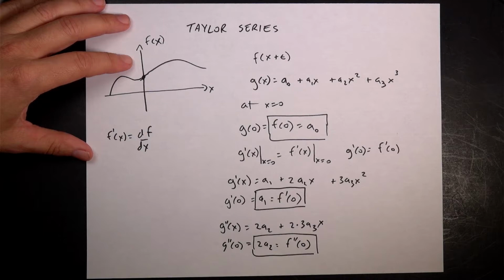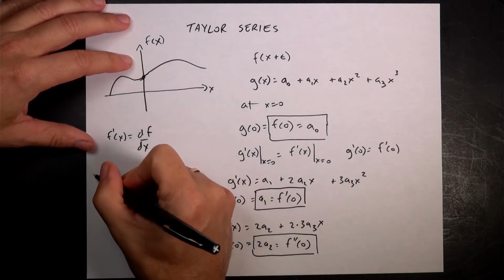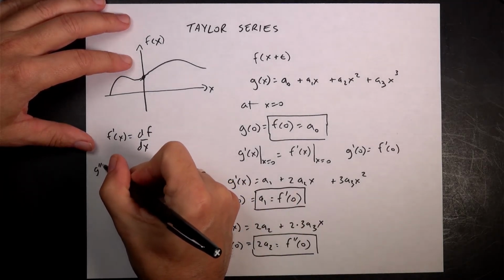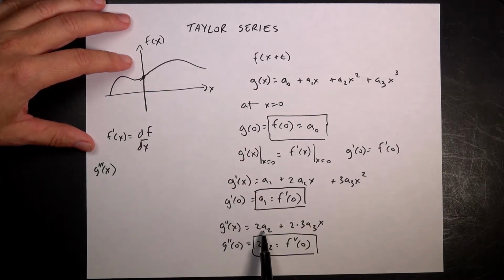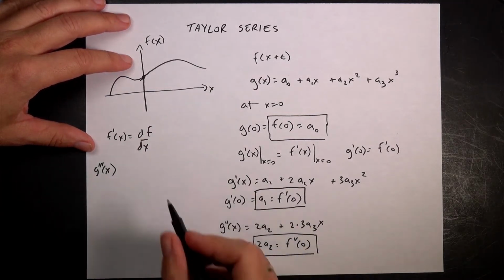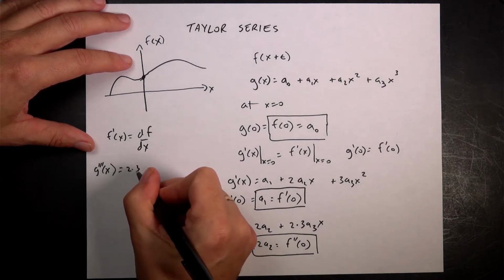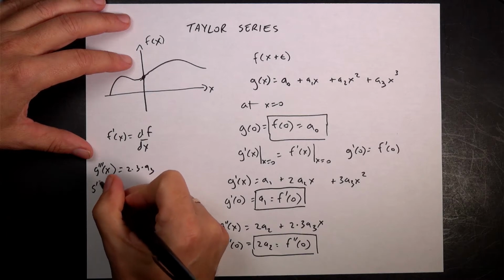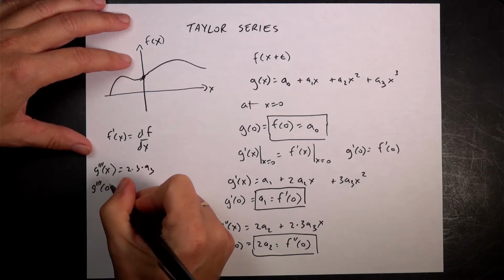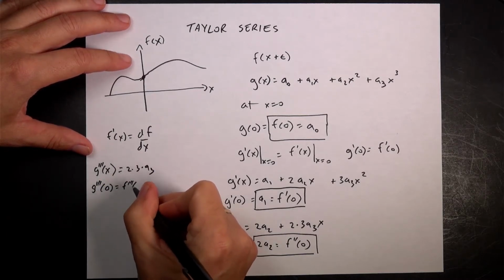Now I need to do one more time. Let's take the third derivative of g. g triple prime of x is going to be equal to, well, now that term goes away. I only have this term. I get 2 times 3 times a3, and then g triple prime of 0 is going to be f triple prime of 0.